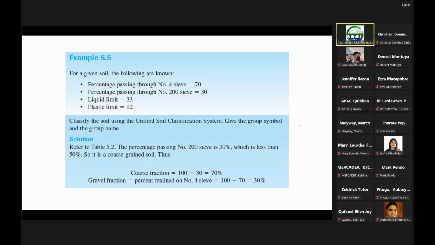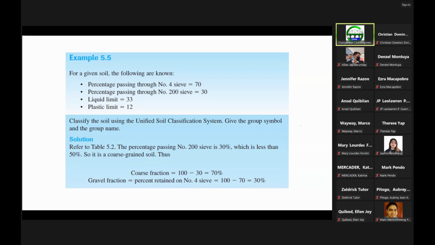The percentage passing number 4 sieve is 70, whereas the percentage passing number 200 sieve is 30. Then with the liquid limit of 33 and the plastic limit of 12. So we are asked to classify using the USCS system and give the group symbol as well as the group name.